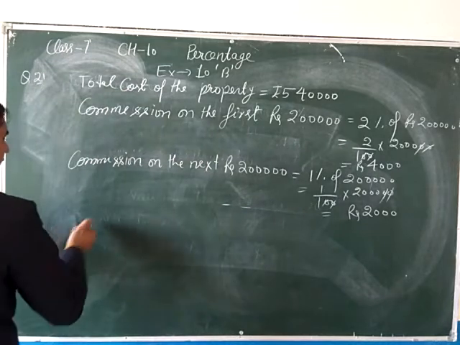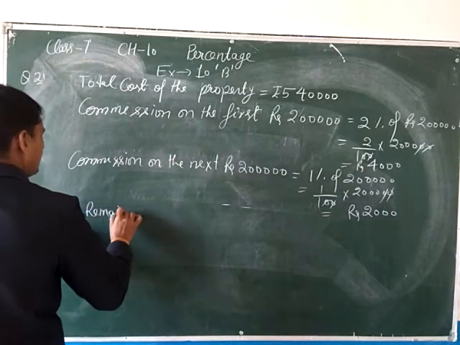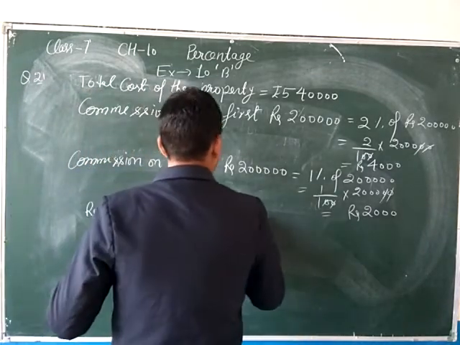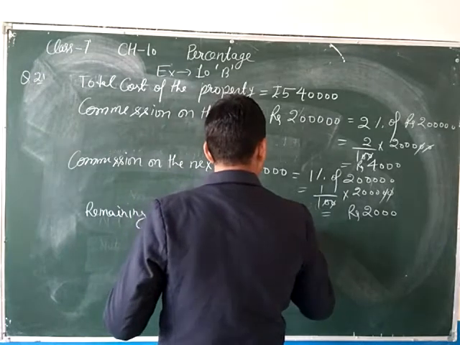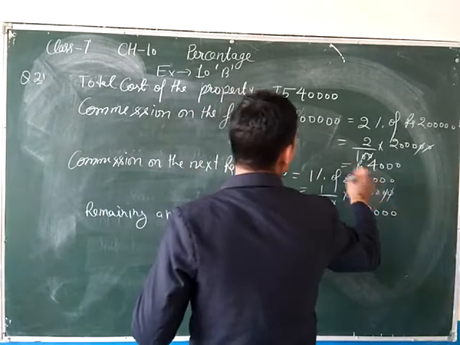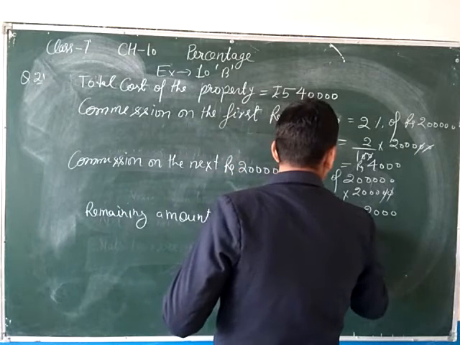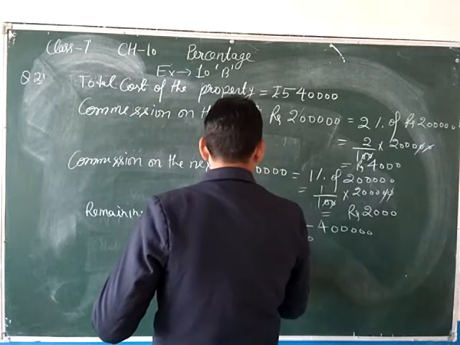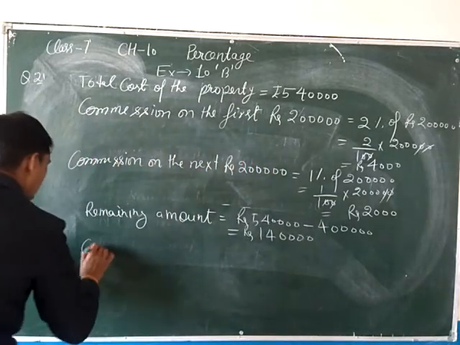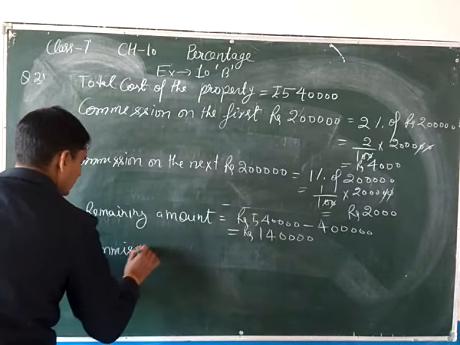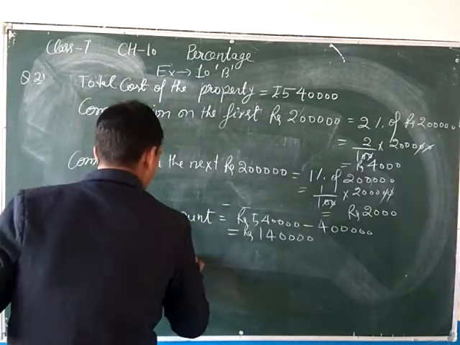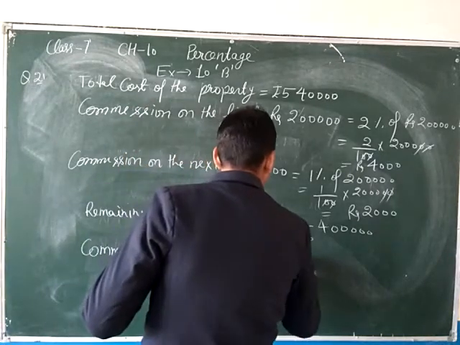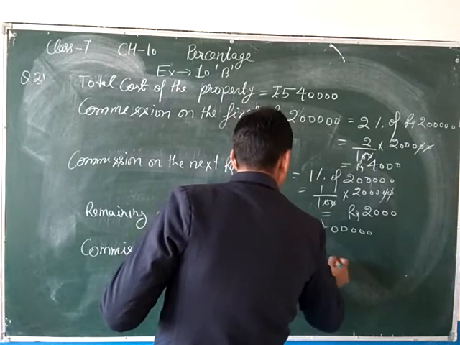Okay beta. Then the remaining amount is 5,40,000 minus 2 and 2, 4 lakh. So 4 lakh you subtract, and you will get 1,40,000. So commission on 1,40,000, how much beta? 0.5% of 1,40,000.